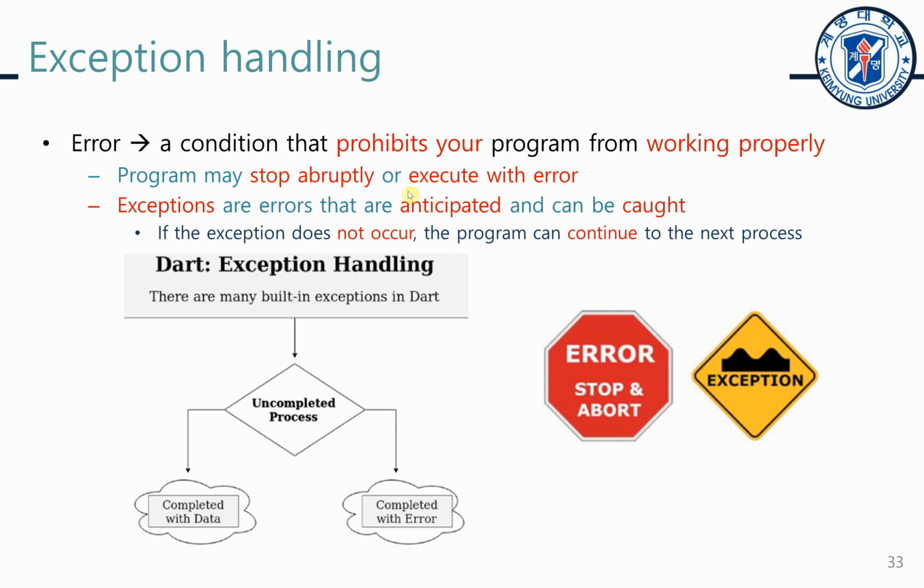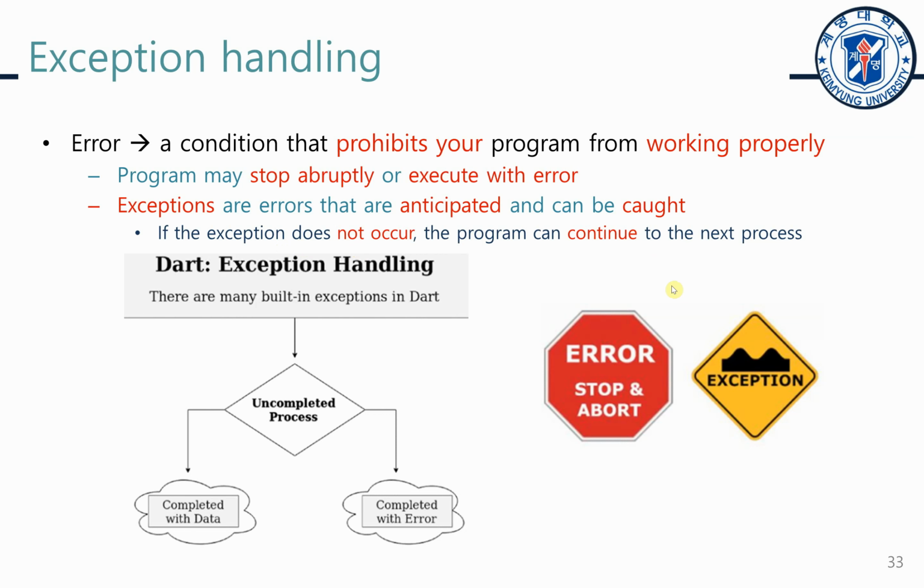Some errors that people make by mistake, we can assume, based on the program we developed, what kind of mistake the user of this program can make. They are not too dangerous, but they are good for correct output, or for forcing the user to give the correct input. So if an exception doesn't occur, the program can continue to the next process. It doesn't stop at that.